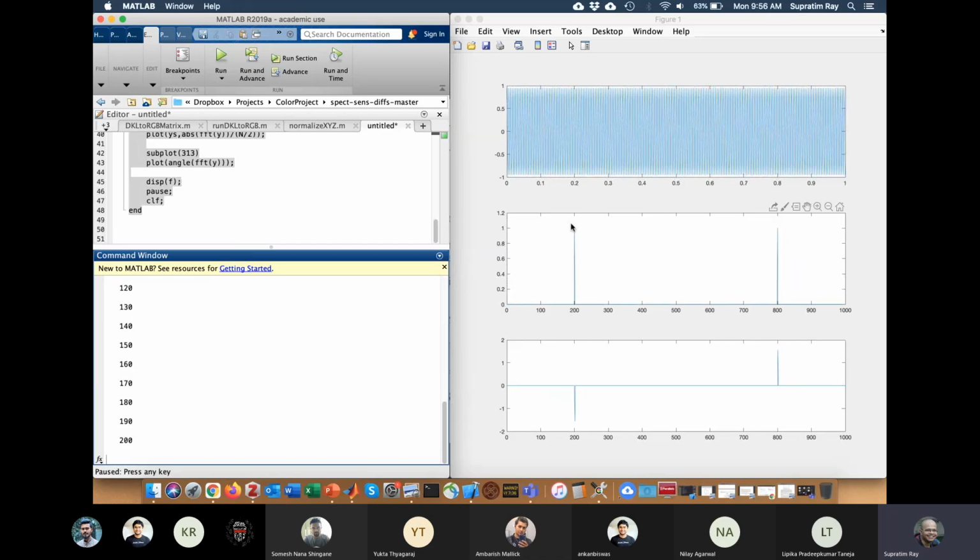Now you are able to pick out what the actual phase is. And the actual phase, because it's a sinusoid, is pi by 2. So it is minus 1.57 in this case, minus pi by 2.